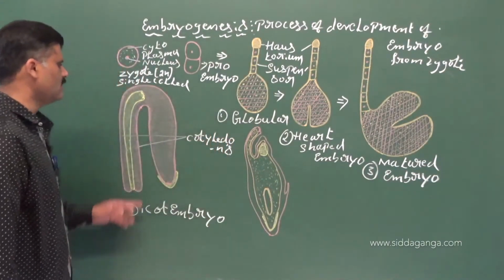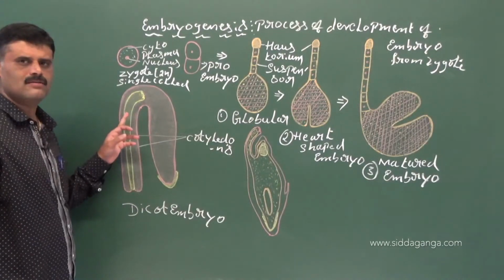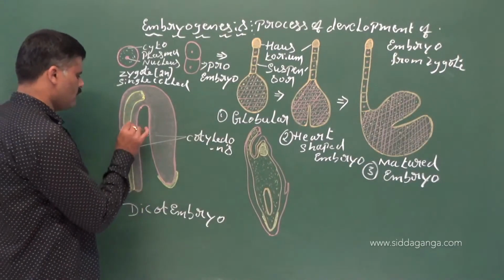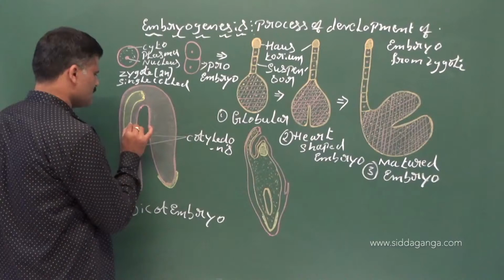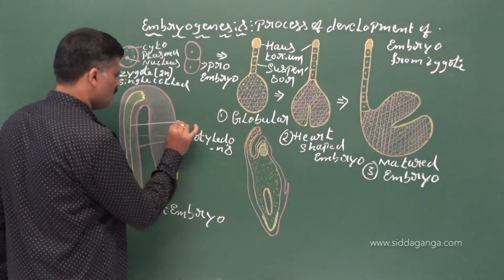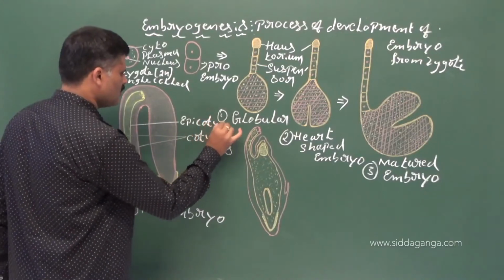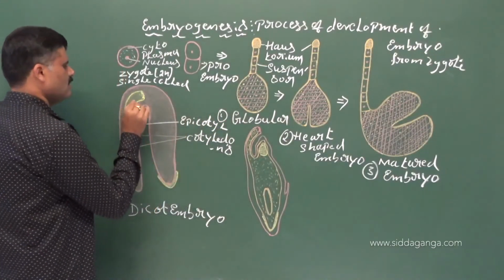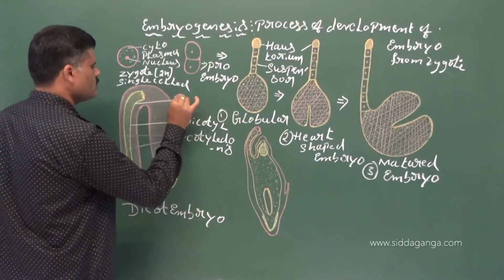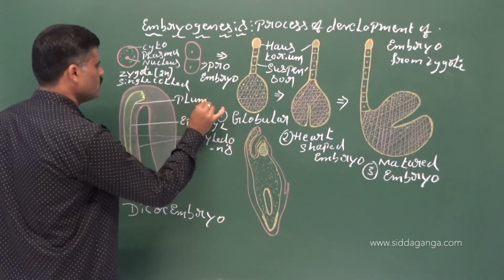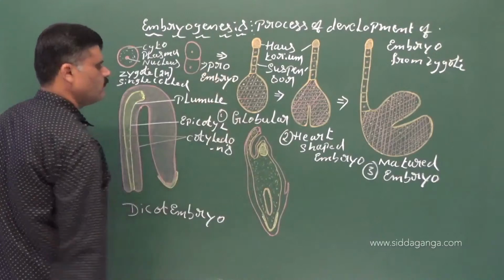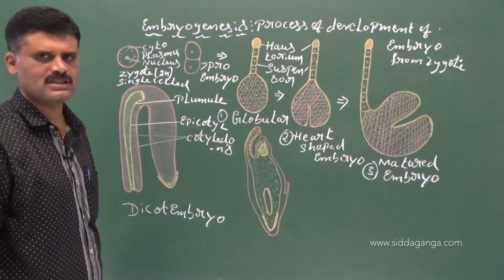Okay, then the upper part of the embryonic axis is called epicotyl, and the epicotyl gives rise to plumule. Plumule further develops into the shoot system.